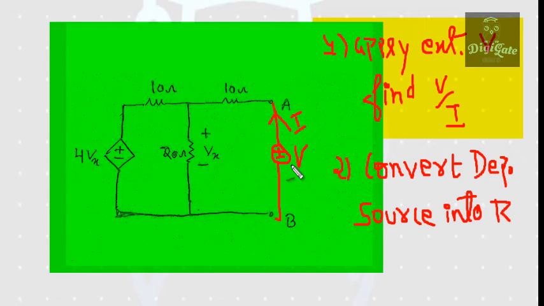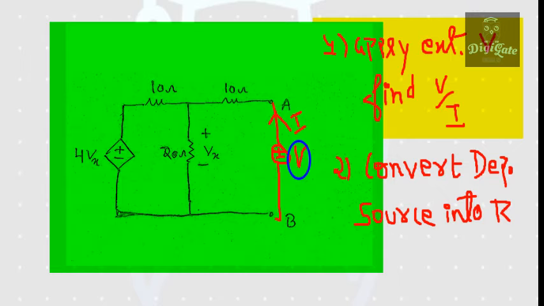After connecting this voltage source, you can apply nodal analysis or any other method to calculate this current after applying the external voltage source, such that it is supplying power to the circuit. Remember, the external voltage source should always supply power to the circuit, and then you can find out V by I to calculate the Thevenin resistance.